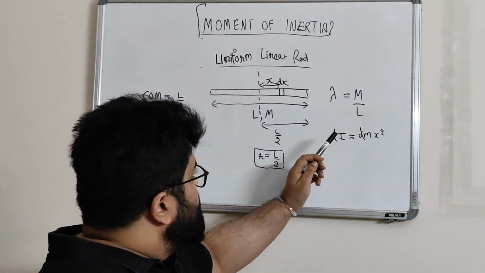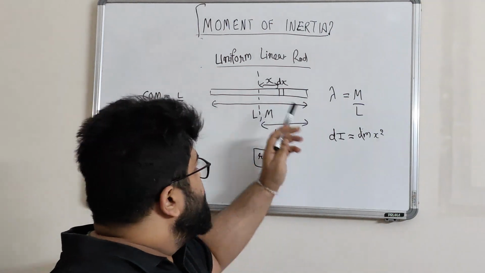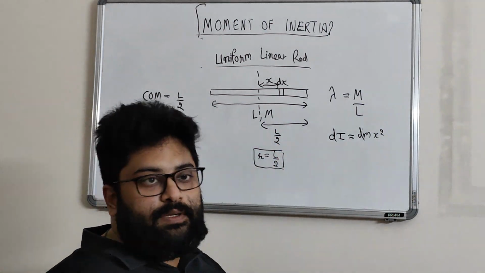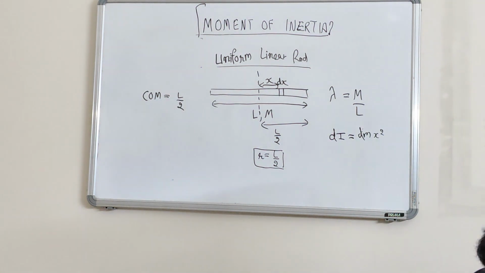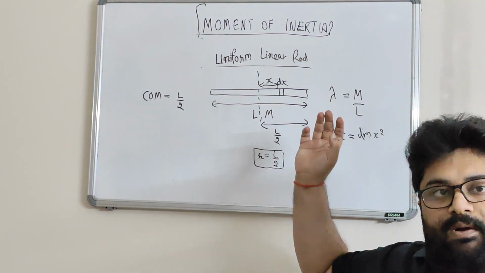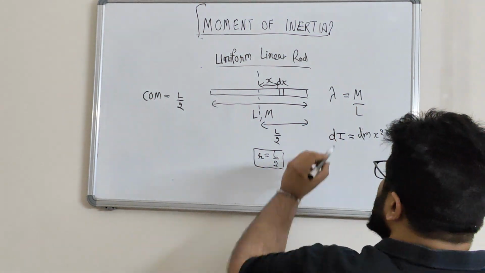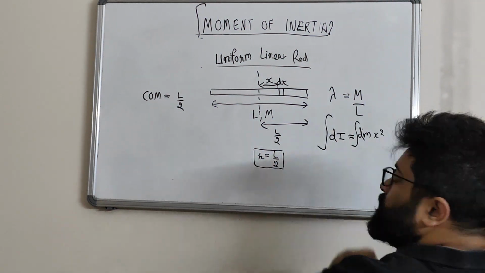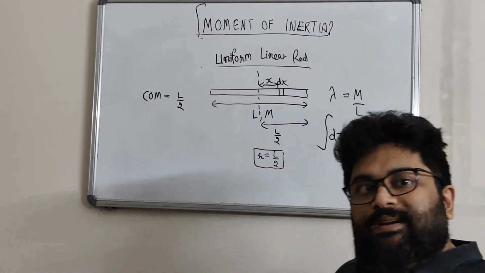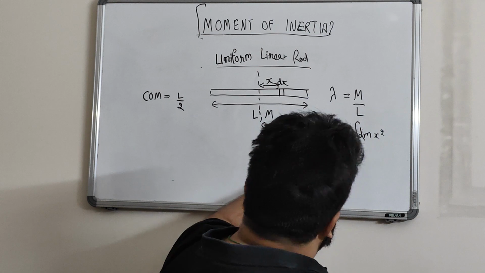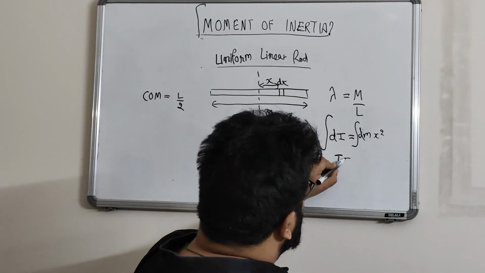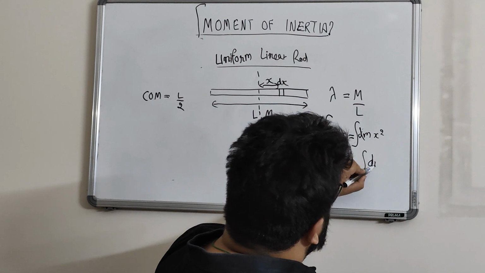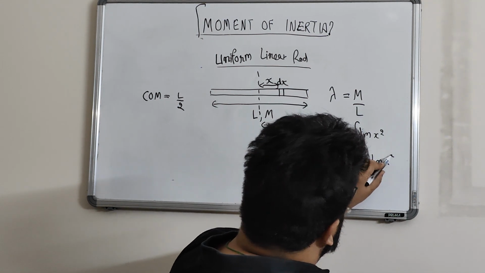So the moment of inertia for this particular particle becomes dm x square. Now, we want the moment of inertia for this linear rod, so we will have to integrate this. After integrating, we get the moment of inertia for this rod, and that's equal to the integration of dm multiplied by x square.